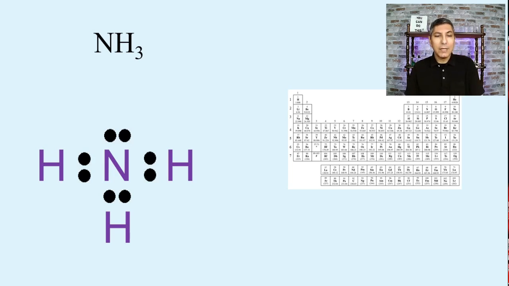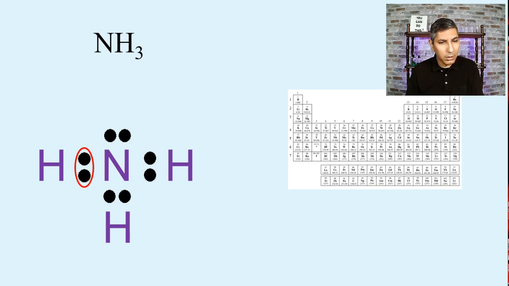Now, once again, does everything have the correct number of dots? Well, yes, it does, right? Nitrogen has 8. It's trying to get an octet. The hydrogens are trying to get 2. So they're both stable with 2 there. So once again, with this molecule, it looks like we have 3 single bonds. We have 3 shared pairs.